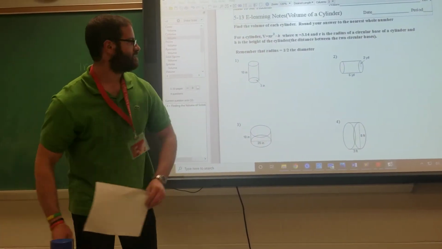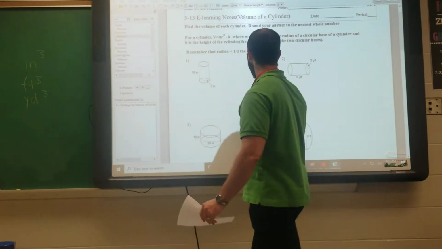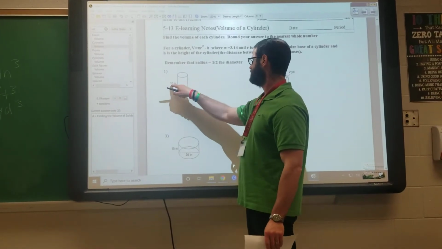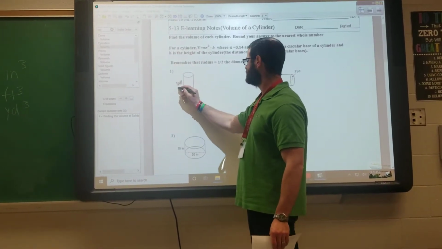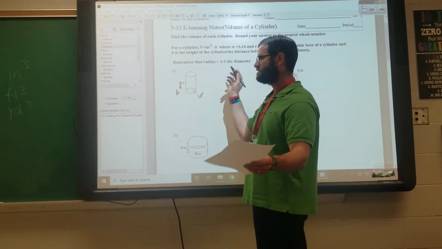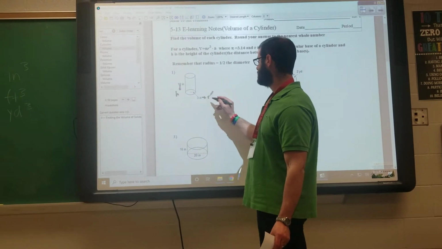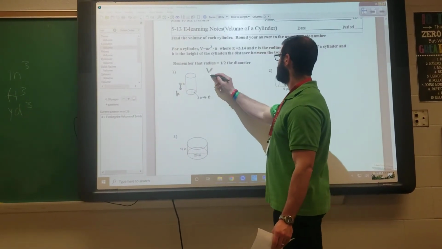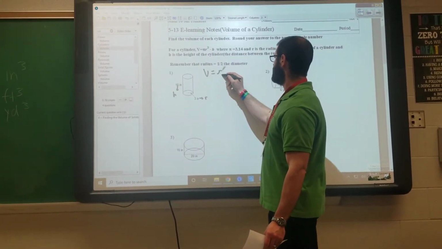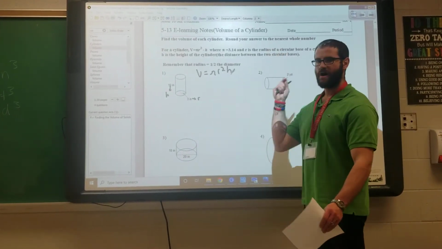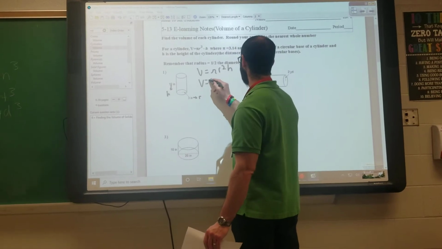Okay, so let's look at the first one. I have a cylinder with the dimensions of 10 for the height, so I'm going to say that's h. 3, that's the radius, halfway across one of the circular bases. So I go to my formula. Volume equals pi times r squared times height. Pi, 3.14.